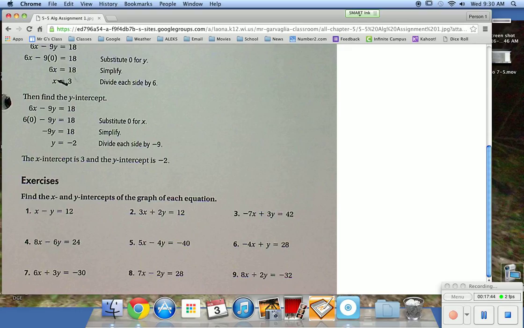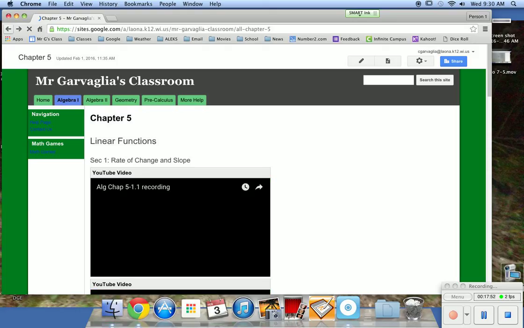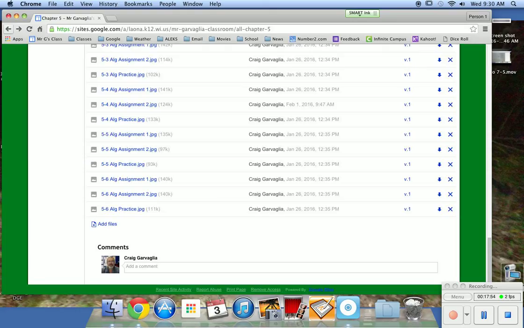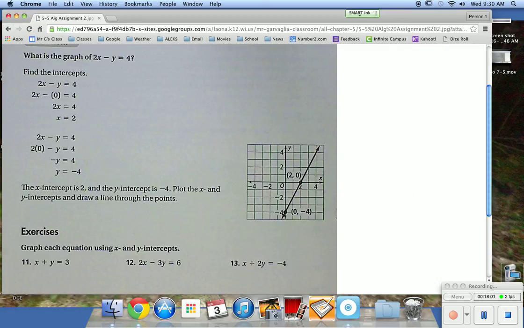Do evens on this page. Do evens on that page. On the other page, you're going to need to graph them. So not only find them, but graph them.